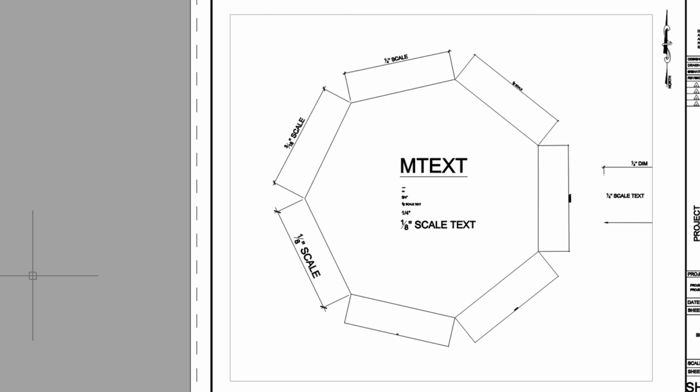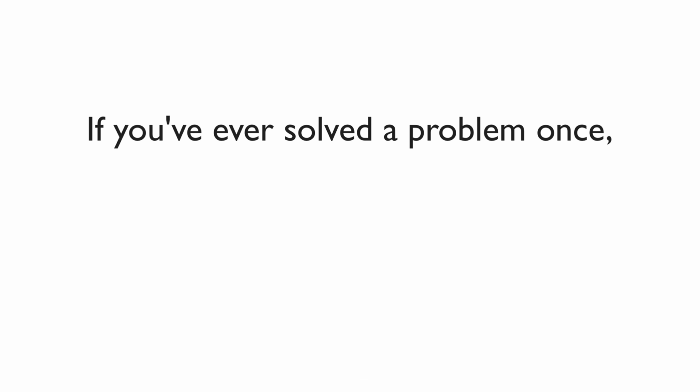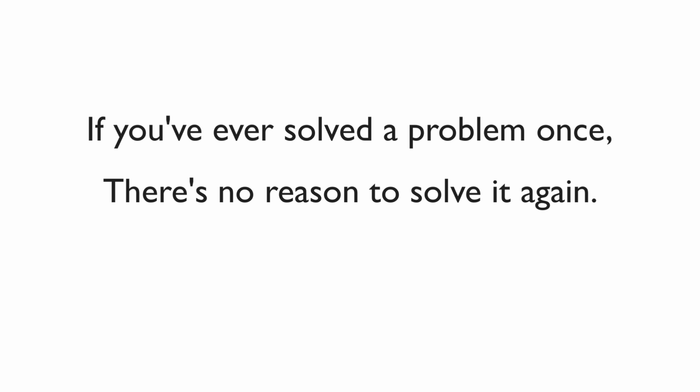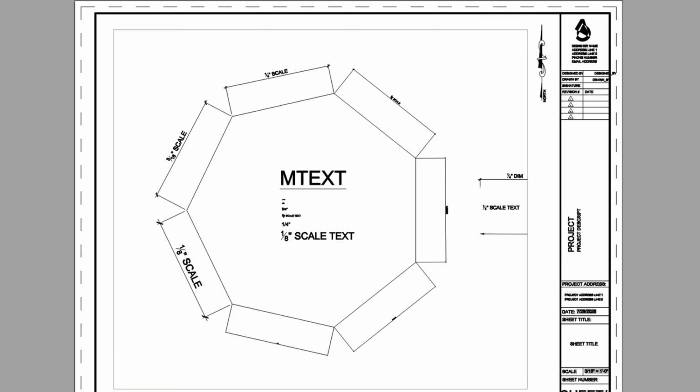It goes back to really what CAD's all about, which is if you've ever solved a problem once, there's no reason to solve it again. So you don't think of it as cheating. Just think of it as reusing proven work. And that's one of the smartest habits that you can develop as a CAD user.